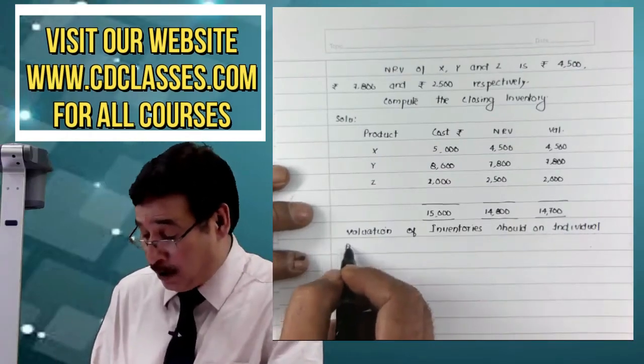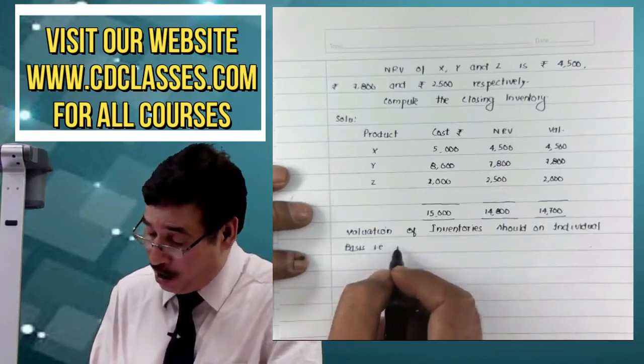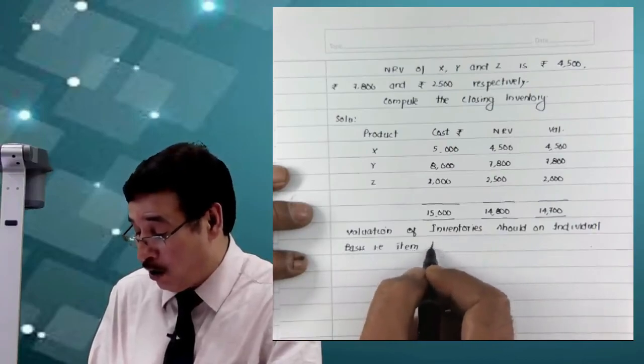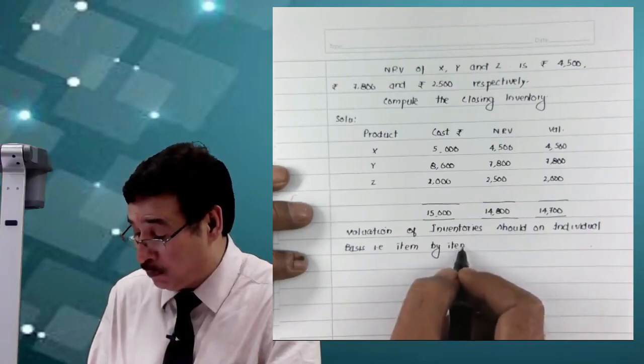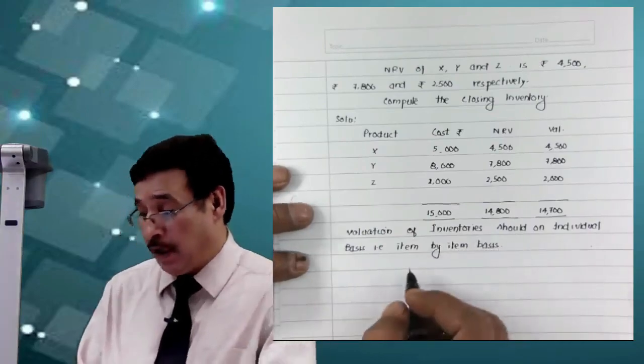Individual basis, that is item by item basis. Item by item basis, correct?